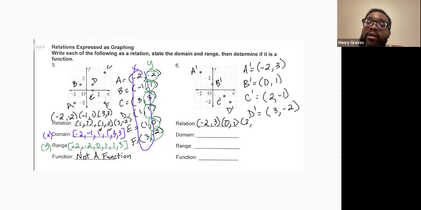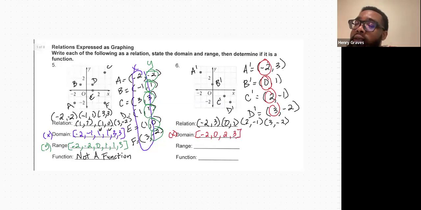So my domain, remember, is all my X numbers. So I'm going to circle all my X numbers. If I do it in order from least to greatest, it'll be -2, 0, 2, and 3. And then when I do the other one, let me think for a second. What color do I want to use?